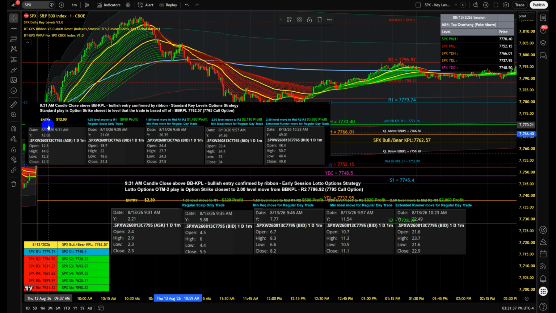The other way of looking at it is if you're willing to put up $1,290, then you could buy 5 of these options here for $1,150. Now, if you had 5 of these options here, when you get to the 2-level move, you're going to have $4,000 in profit, whereas here with the 2-level move, you'd only have roughly $2,100 in profit.